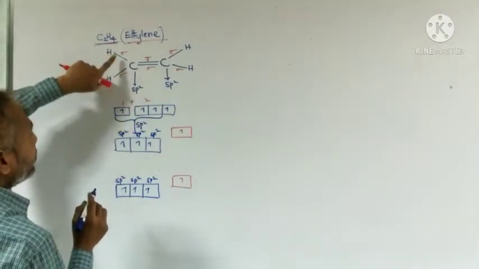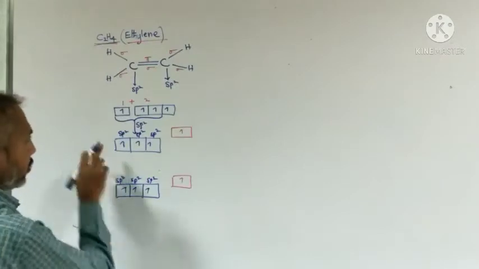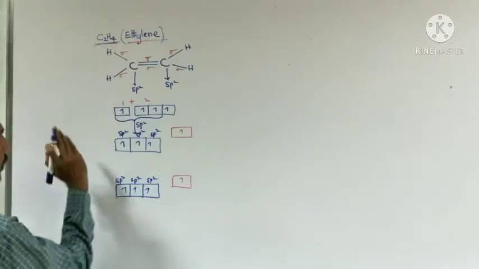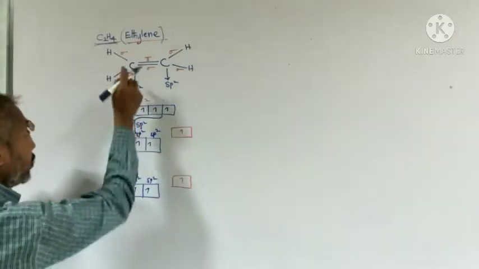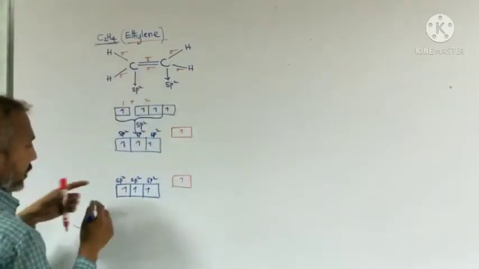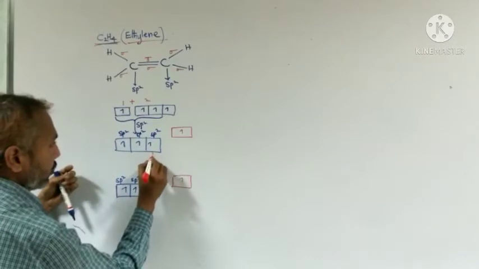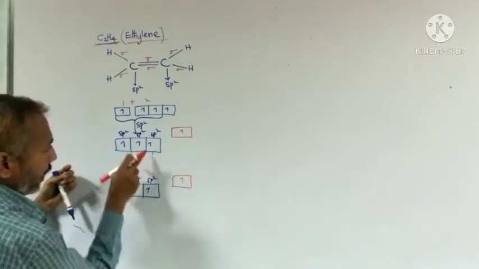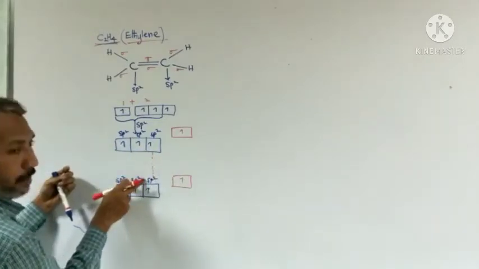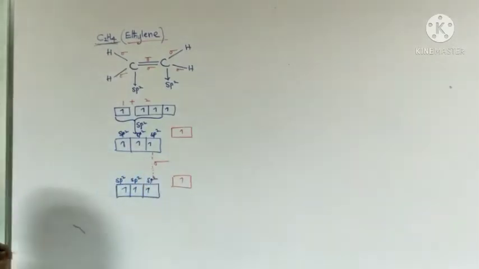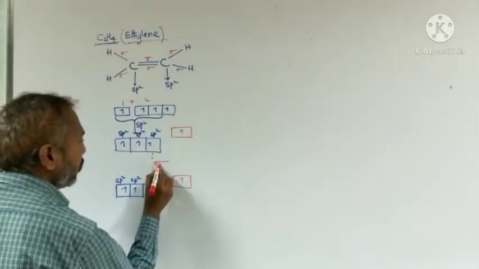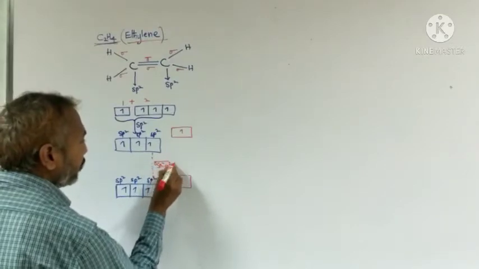C1 can form 3 sigma bonds. So first we will write the carbon-carbon sigma bond, like this. An sp2 hybrid orbital and an sp2 hybrid orbital overlap to form a sigma bond, an sp2-sp2 sigma bond.